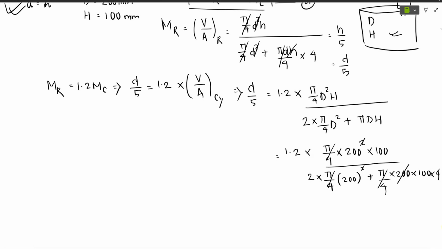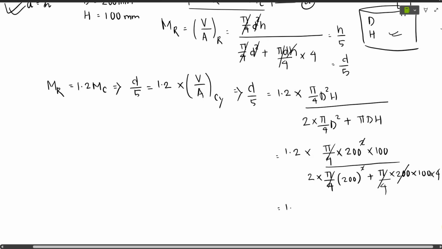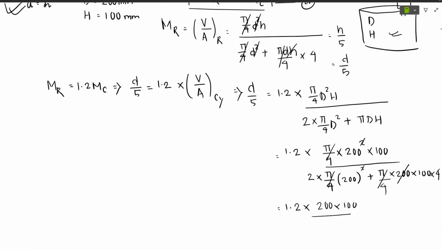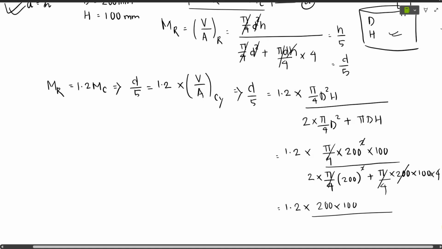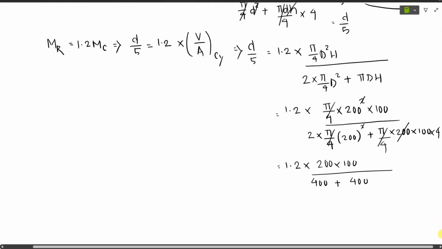So what is the remaining part? It is 1.2 into 200 into 100 by, this becomes 400 plus 400. So 1.2 into 200 into 100 by 800.